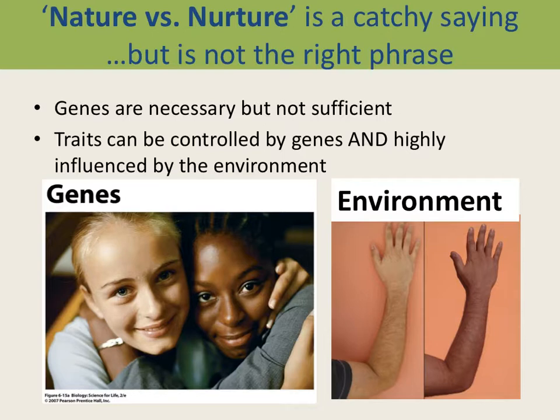It turns out even African Americans can show darker skin if they're out in the sunlight a lot. So it depends, again, on the environment and how these genes are actually expressed, and they can show a wide range of, in this case, shades of skin.